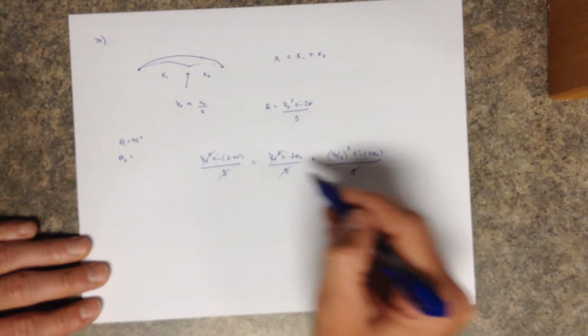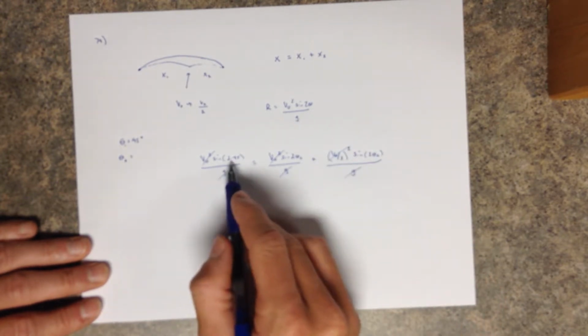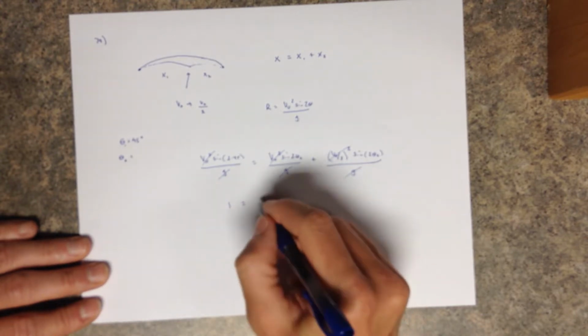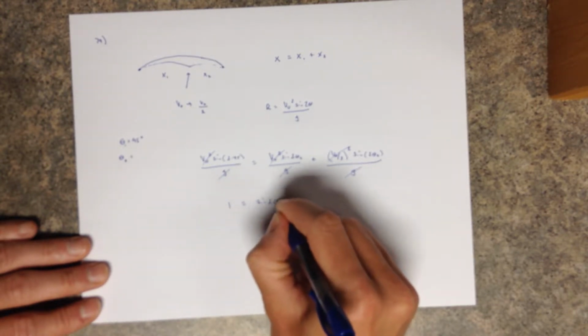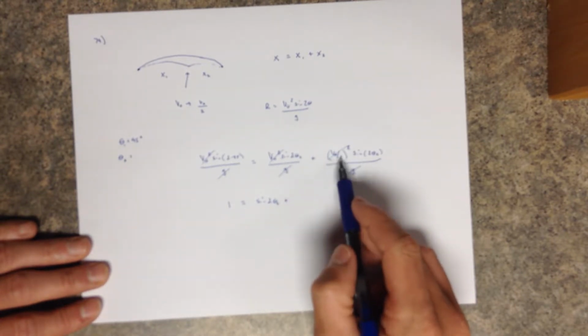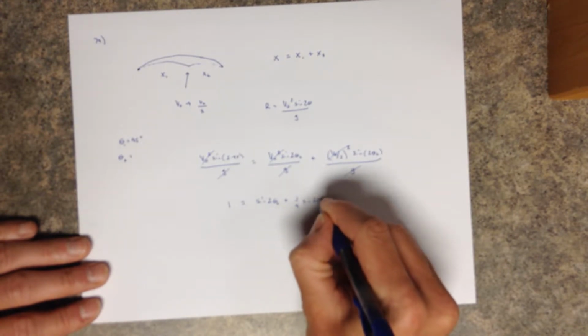All of them have a g and a v naught squared. The left side is sine of 90, which is just 1. The right side is sine 2 theta 2, plus, since this is a half that got squared, a fourth: 1/4 sine 2 theta 2.